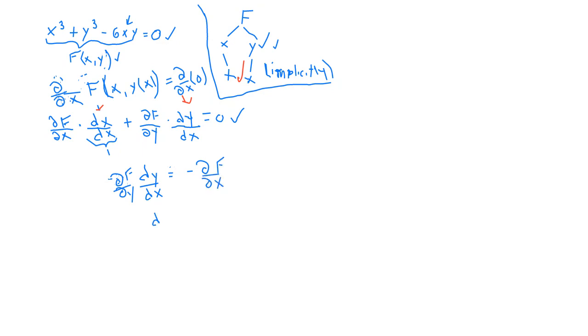And so dy/dx will equal, good, negative partial of f with respect to x divided by partial of f with respect to y. Or you can write it this way, negative of, there you go.